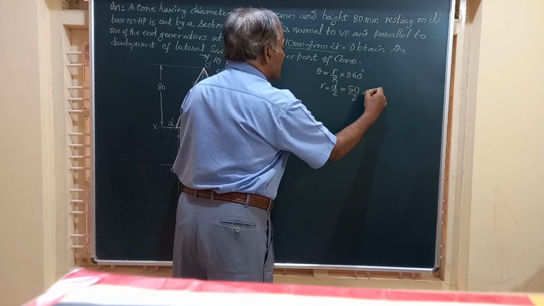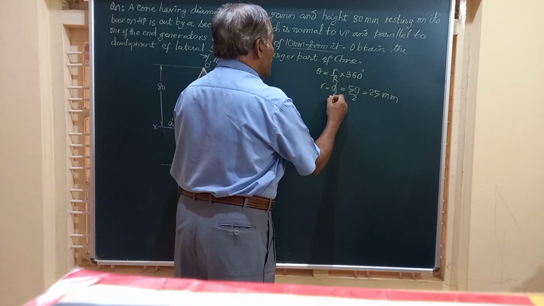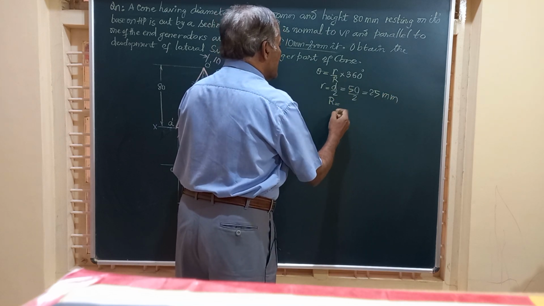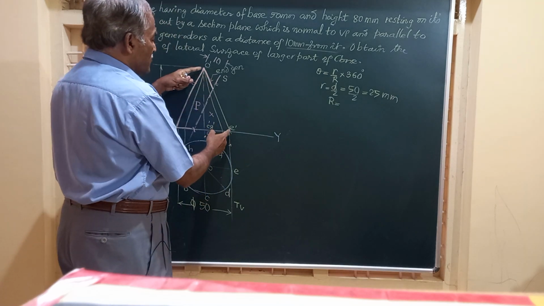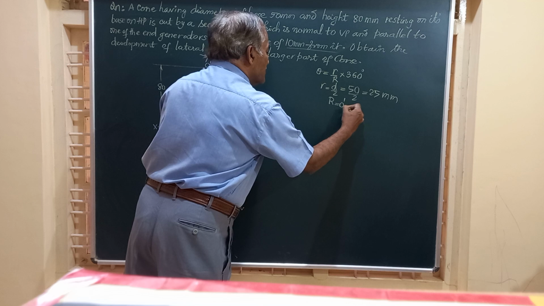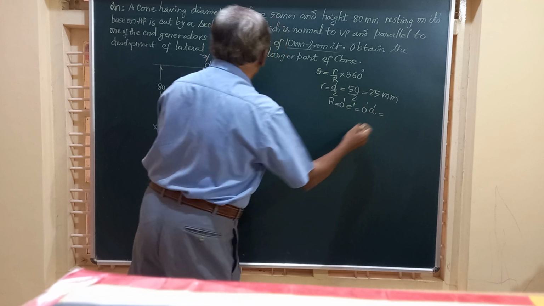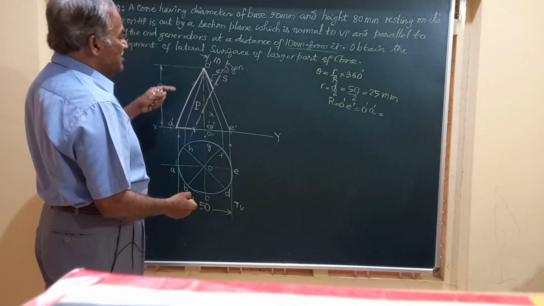This is 25 mm, the radius of the base. And this capital R is the length of the generator, the true length. This is the line O dash E dash, which is also equal to O dash A dash, which is measured using the scale after the construction of this front view.